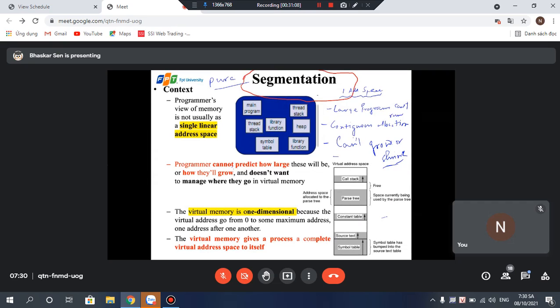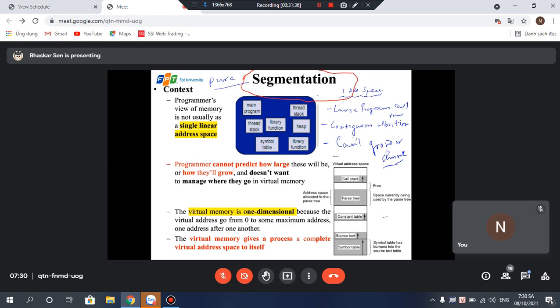Virtual memory, as we see, is a limited value solution to this problem. This is the word that I use: virtual memory is a limited value solution. Of course, it's a solution, but it doesn't solve too many things because it is still one-dimensional. The only thing that we did in virtual memory was the separation of logical memory from physical memory.